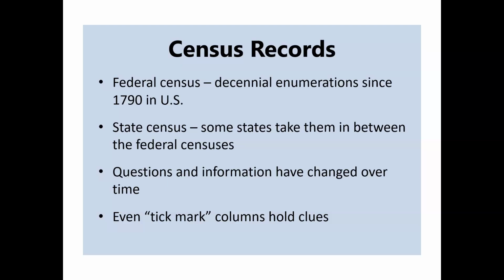So the federal census, 1790, 1800, and so on, like 1900, 1910, you may find a state census in 1905. The questions and information, regardless of whether it's federal or state, have changed over time. And there are often columns that just have what I call a tick mark. It looks like a little slash. These columns can hold clues.